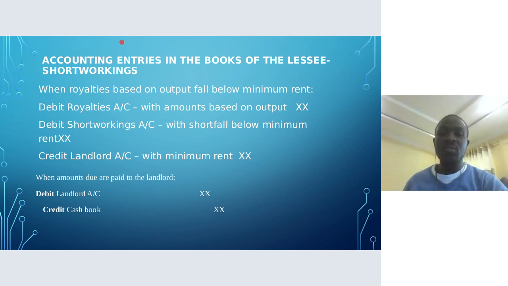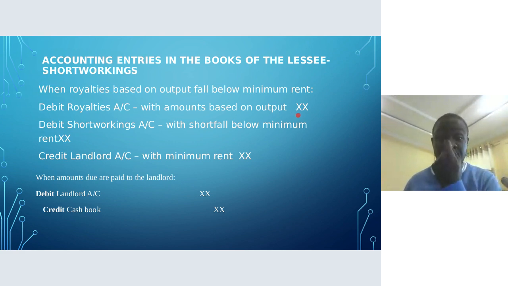Now we move to the accounting entries in the books of the lessee when we have a short working. When royalties based on output fall below the minimum rent, like the case which we have looked at where the royalty due was 900,000, in such a case, one, we are supposed to debit the royalties account with amounts based on output.